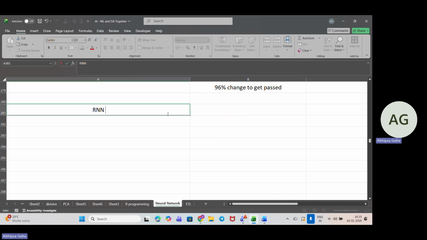But what happens when we are using memory? In that case, like RNN, basically what it does, it looks at the input, remembers what it saw before, and uses its memory to decide better, right? So here we are using the power of memory. Okay, so it remembers the past.